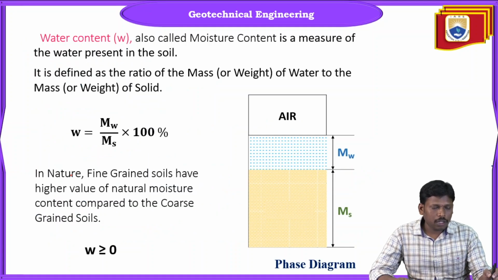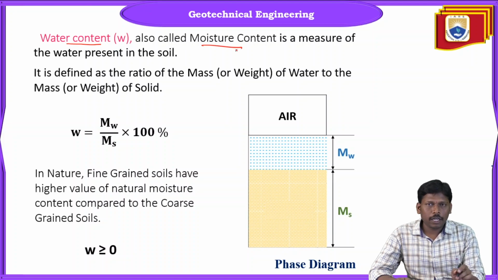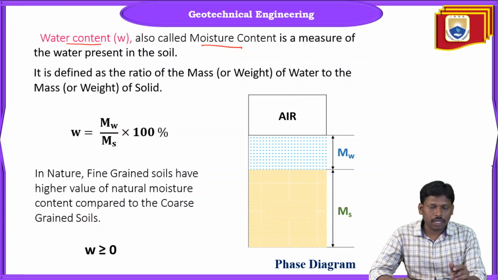So as of now we discussed void ratio, porosity, and degree of saturation. Now we will see the definition of water content. Water content is indicated with the symbol W. It is also called moisture content, and it is a measure of the water present in the soil.